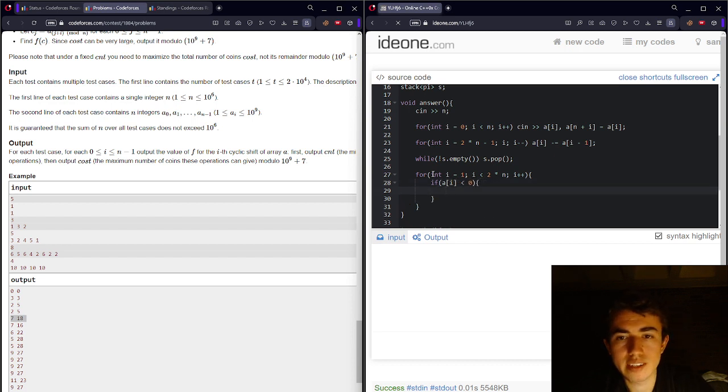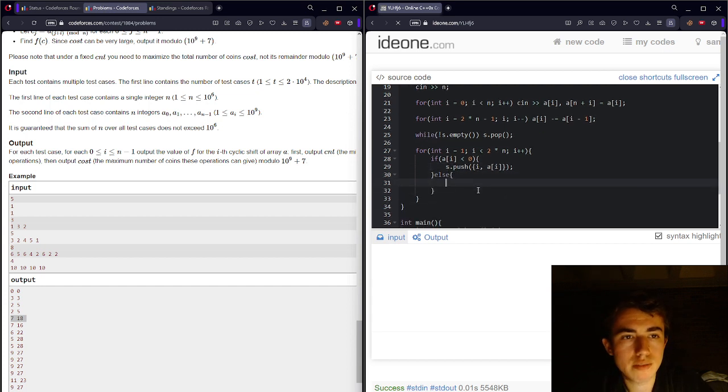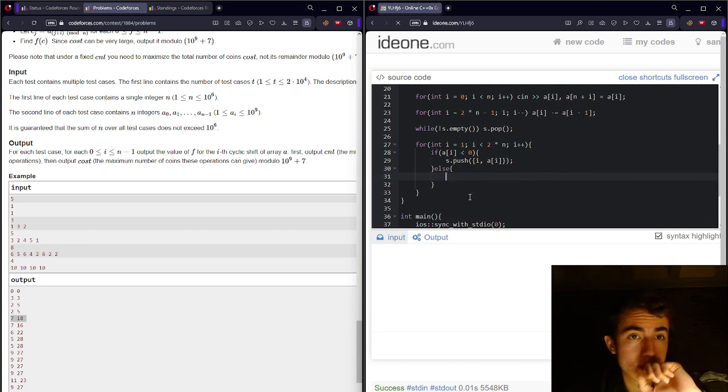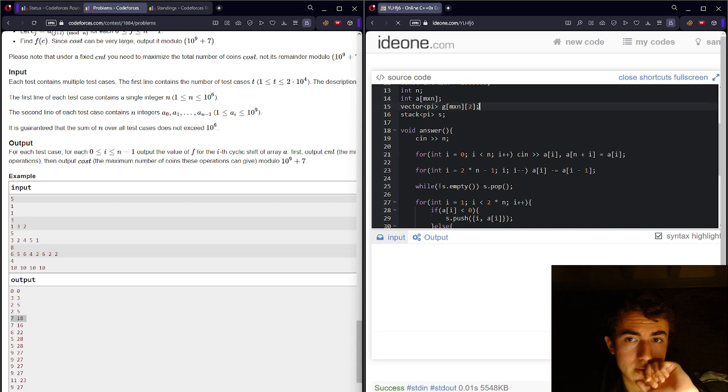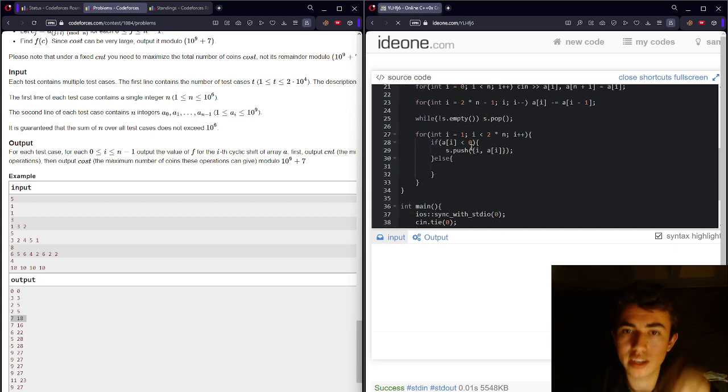We need to add to the stack. Push I, a of I. Sure, right. Else we need to get stuff from the stack. Wait, no, we don't need 2 directions, right? Because the negative's always going forward. Yeah, whatever.